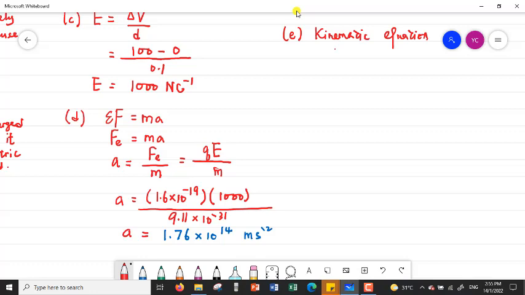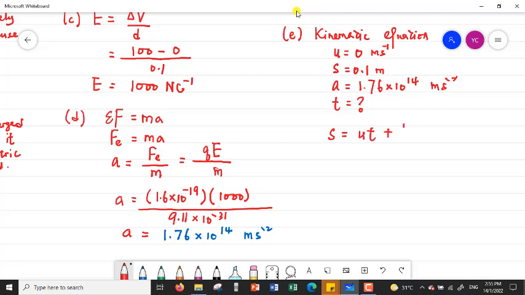We know that our u is 0, our s is 0.1 meter, and the acceleration experienced is 1.76 to the power of 14 meter per second squared. We want to determine the time taken to travel from A to B. So we might use the kinematic equation s equals ut plus half at squared.